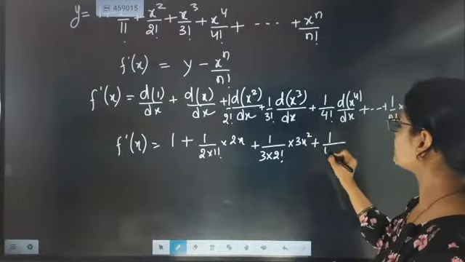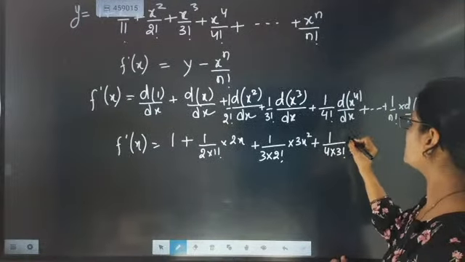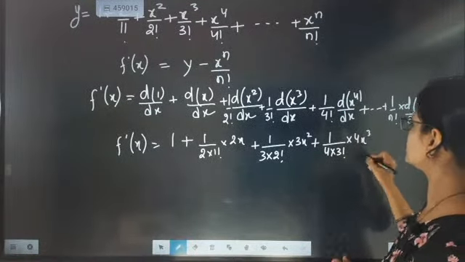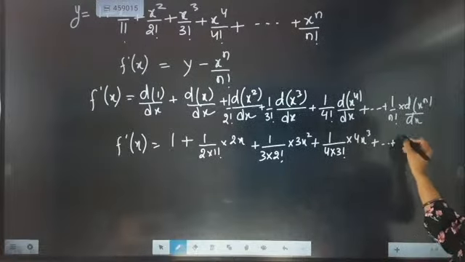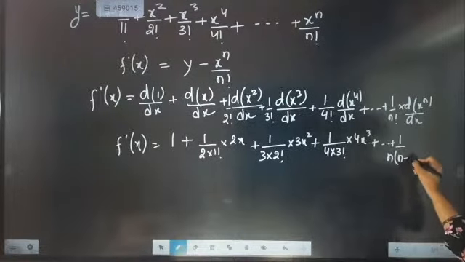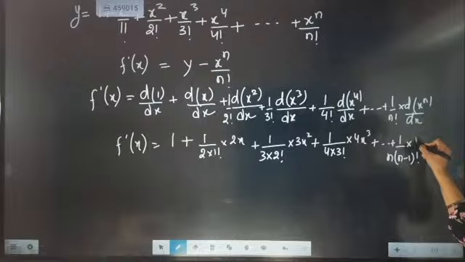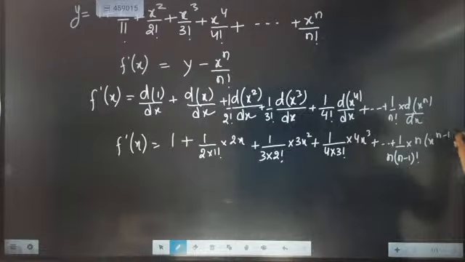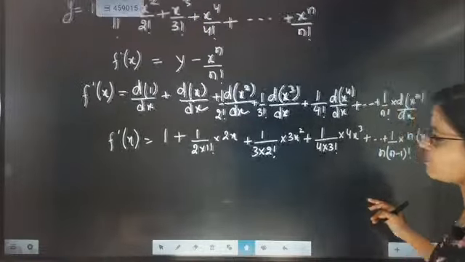In the same way, 4 into 3 factorial and it is coming as 4x cube. And in the same way, it will come n into n minus 1 factorial into n x to the power n minus 1, one term lesser than x to the power n.